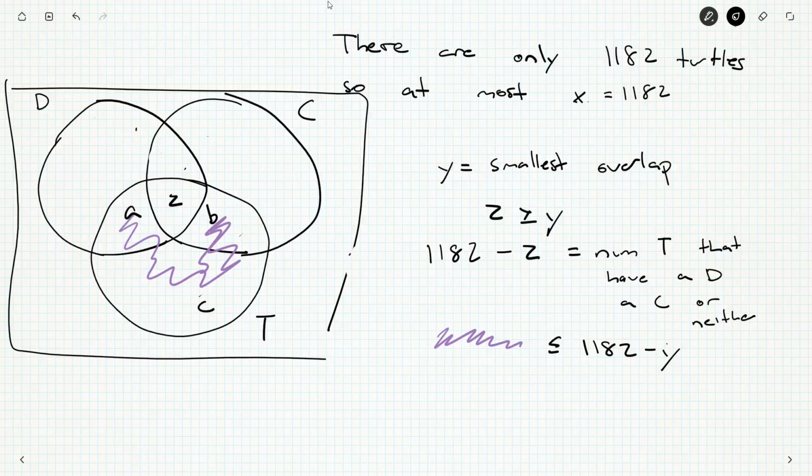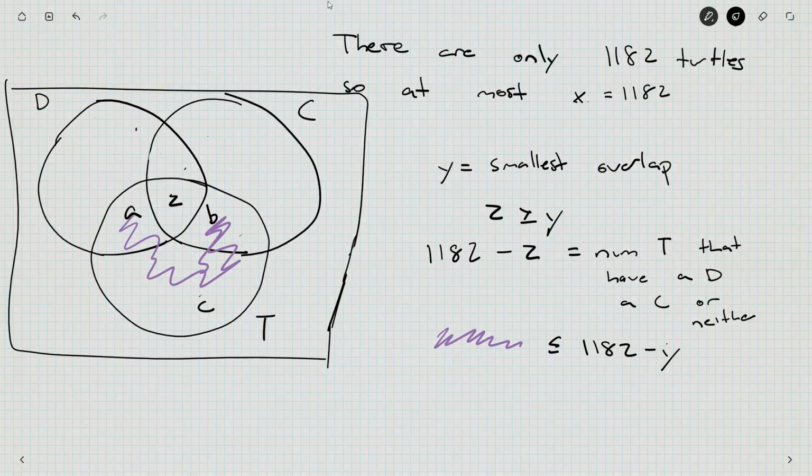And I can't forget that we have an overall constraint of 2017. So the turtles all have to add up to 1182. That's the number of houses we have to have represented here.